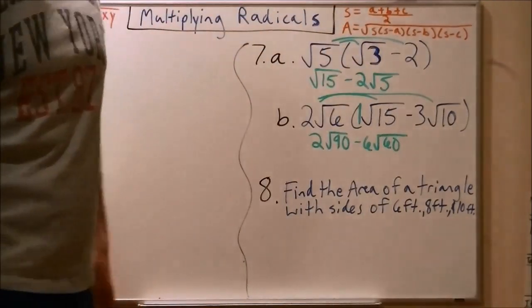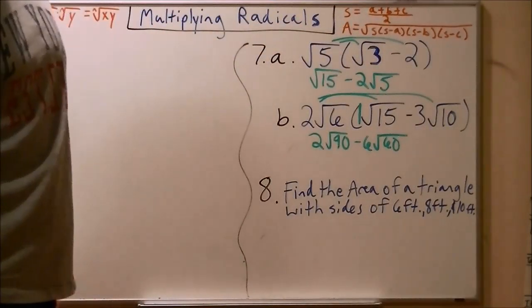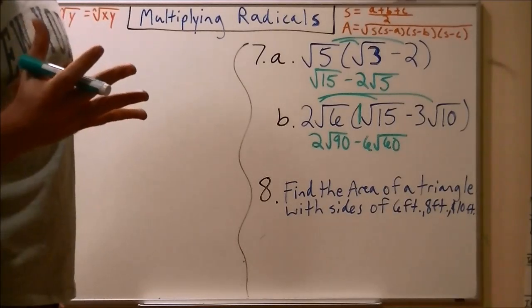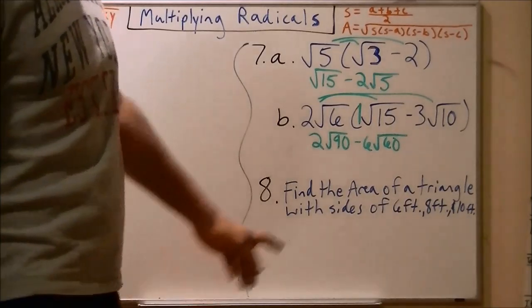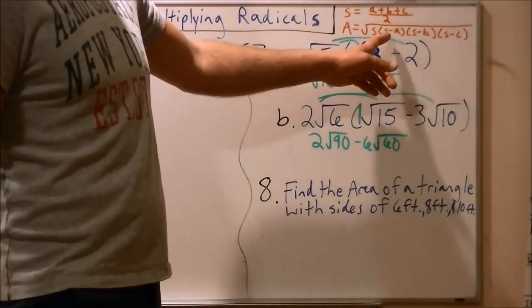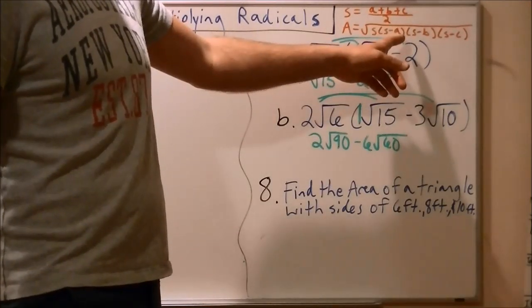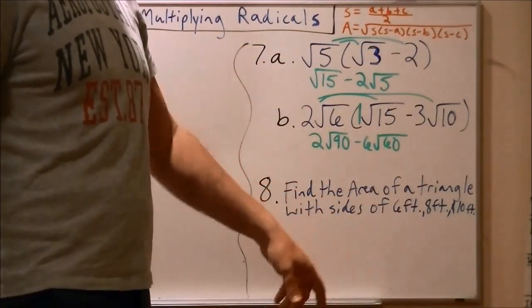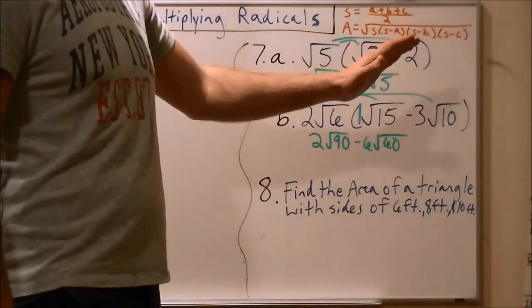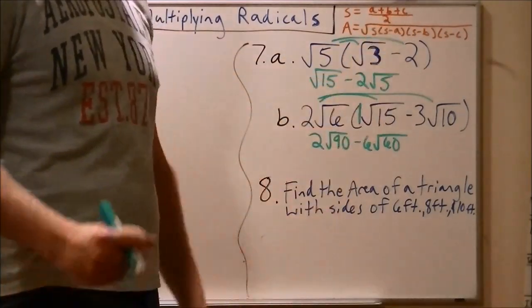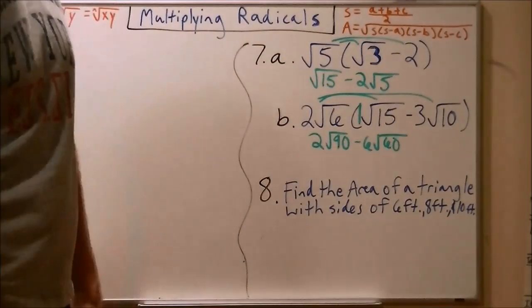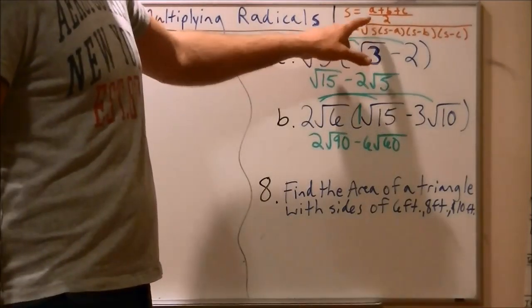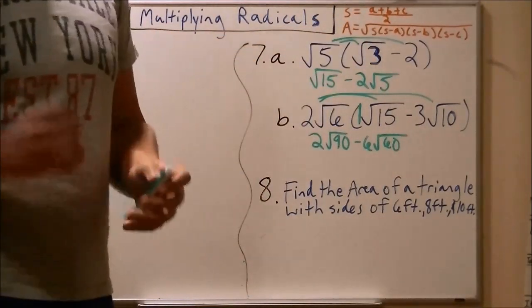But A equals, or area of a triangle equals the square root of S times, in parentheses, S minus A, open parentheses, S minus B, or the second side, close parentheses, and then S minus C, which is the third side, close parentheses. But before we can use this formula, we have to know what S is.